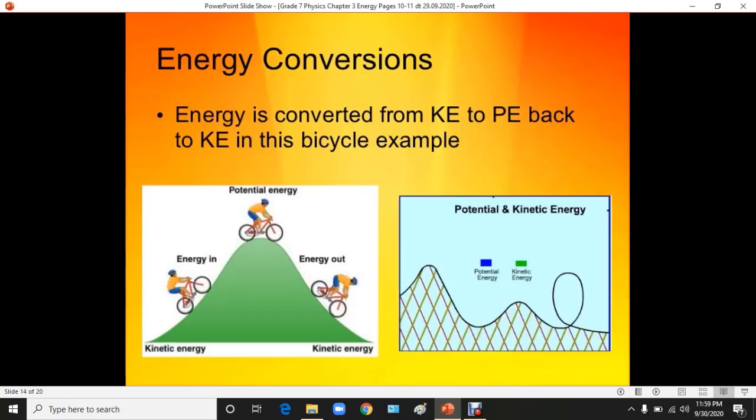Here is another form. We are going to talk about the conversion from kinetic energy to potential energy and potential energy to kinetic energy, with the example of the boy with the bicycle. Here at the ground you can see that the kinetic energy is here.